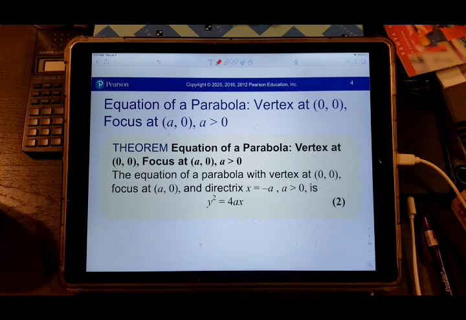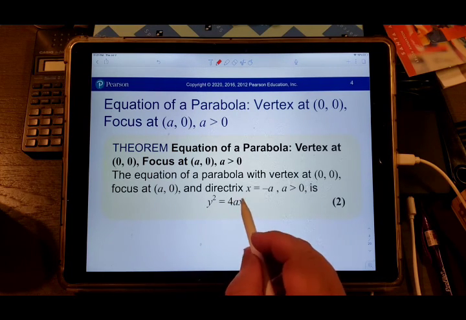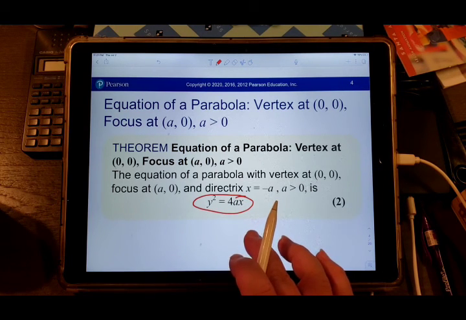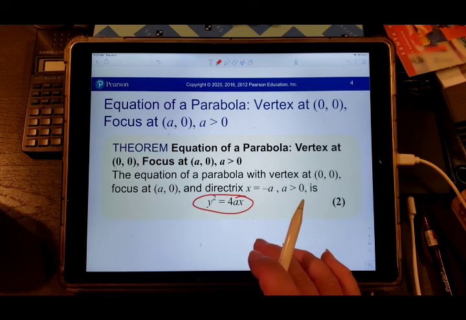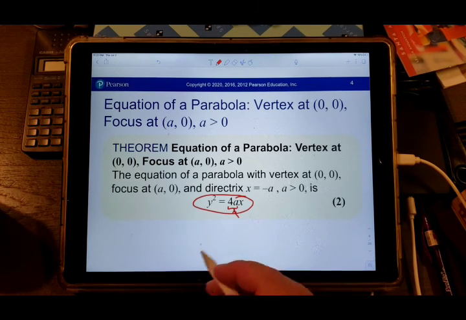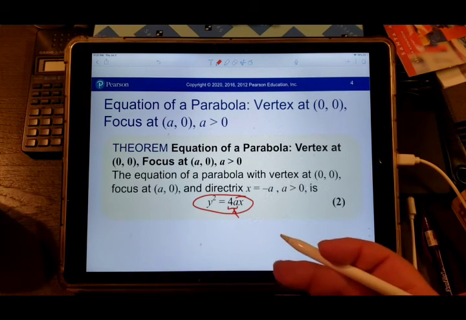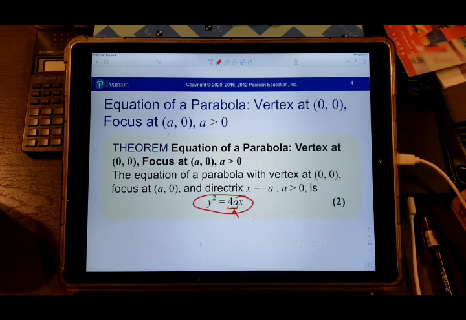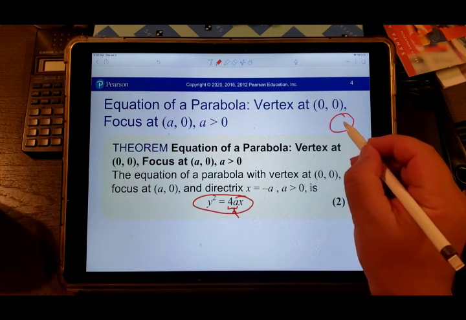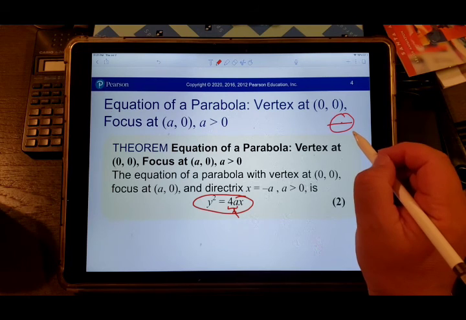there's this tradition with the parabola that we measure how wide a parabola is. Well, parabolas are infinitely wide, but we measure how wide it is at a certain point. At the focus. It's kind of like you have a circle, you measure how wide it is through the center.